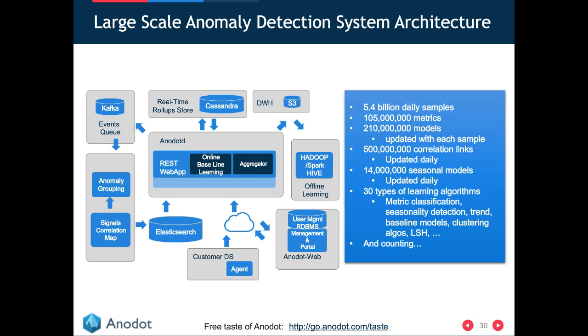These are some numbers from a while ago. 5.4 billion daily samples are what we handle today in our system, with 105 million metrics. Each metric has 2 models living in memory with it. One for modeling the normal behavior, and another model for modeling abnormal behavior. And a lot of correlation links, 500 million.